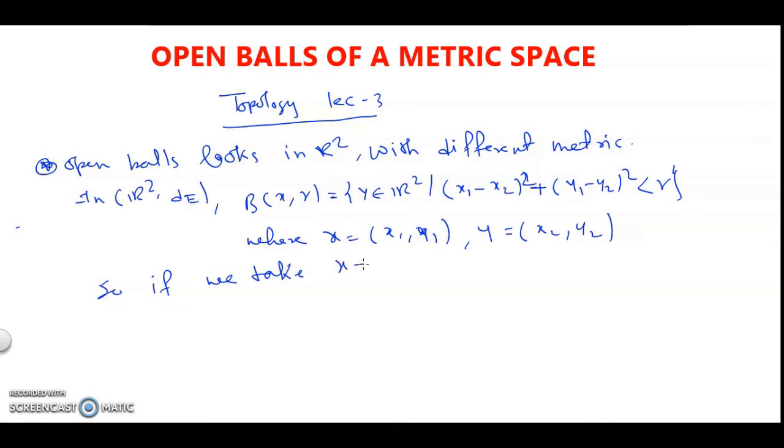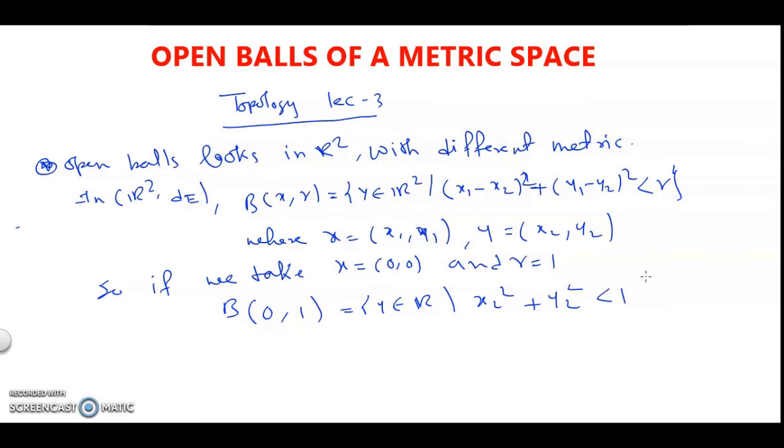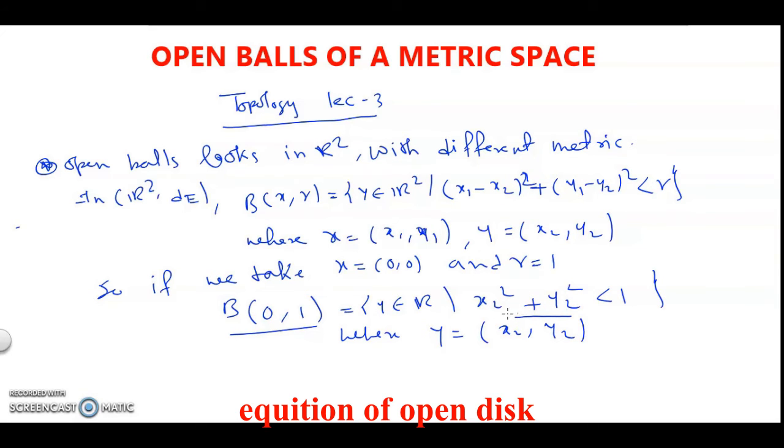If we take x, that is our center, as (0, 0) and r as 1, then how will our open ball look? B((0, 0), 1) is nothing but all those y belonging to R2 such that, x1 being 0, x2 square plus y2 square is less than 1, where y is defined as (x2, y2). This is nothing but the equation of a circle, and the center is at the origin.